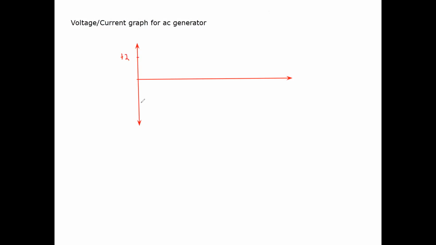I'm using numbers to explain the idea, but you don't have to write the exact numbers. And this is the current or voltage produced. One cycle, two cycles.